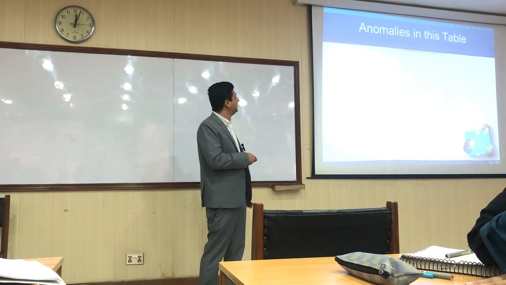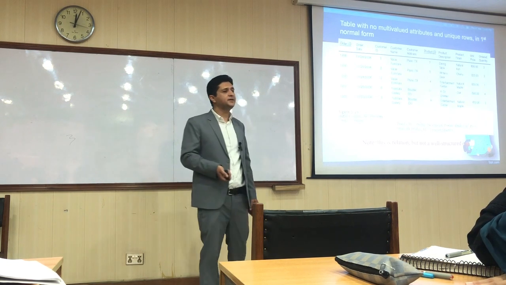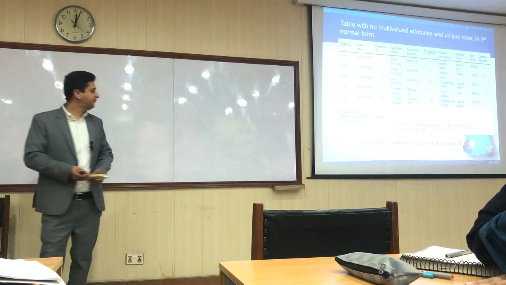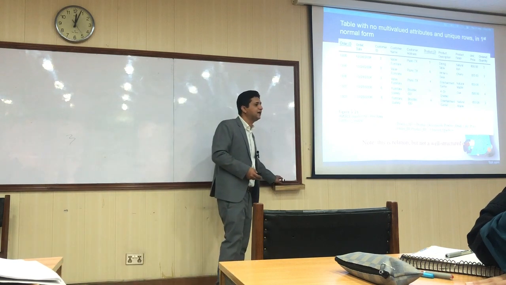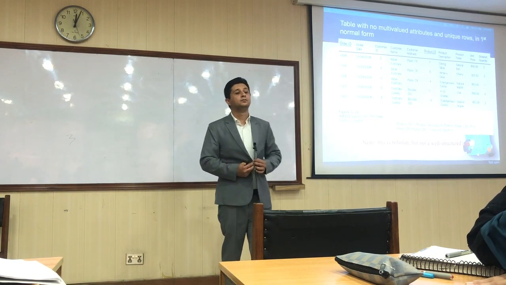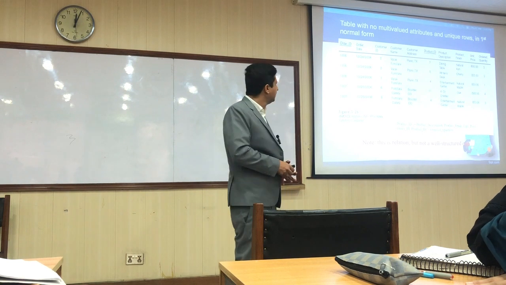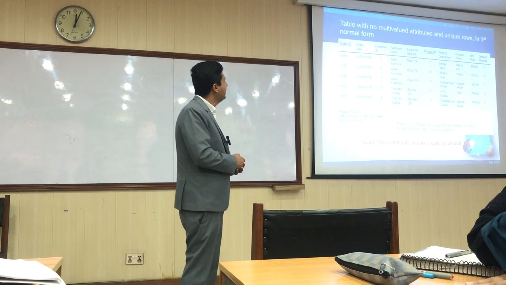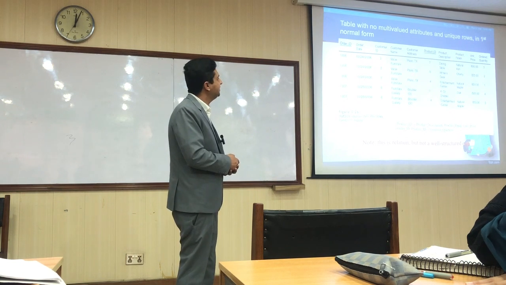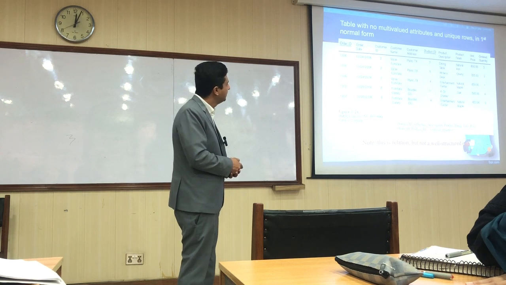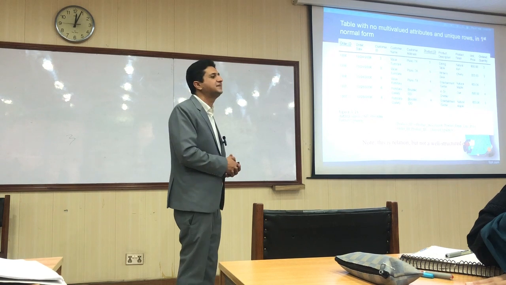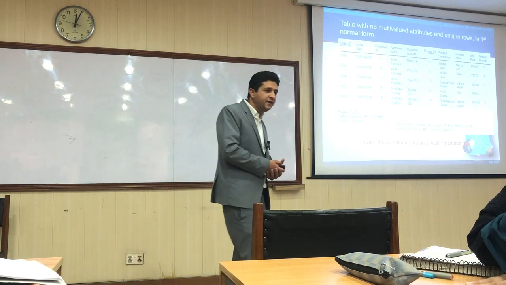Second anomaly is deletion anomaly. Deletion anomaly is that whenever you intend to delete an instance or instances, you are forced to delete some data that may be required in future. For example, if I delete order ID 1006 data, my intention is to delete just this order's data, but I'm also deleting the customer's data, and I'm also deleting the product's data, which may be required in future.